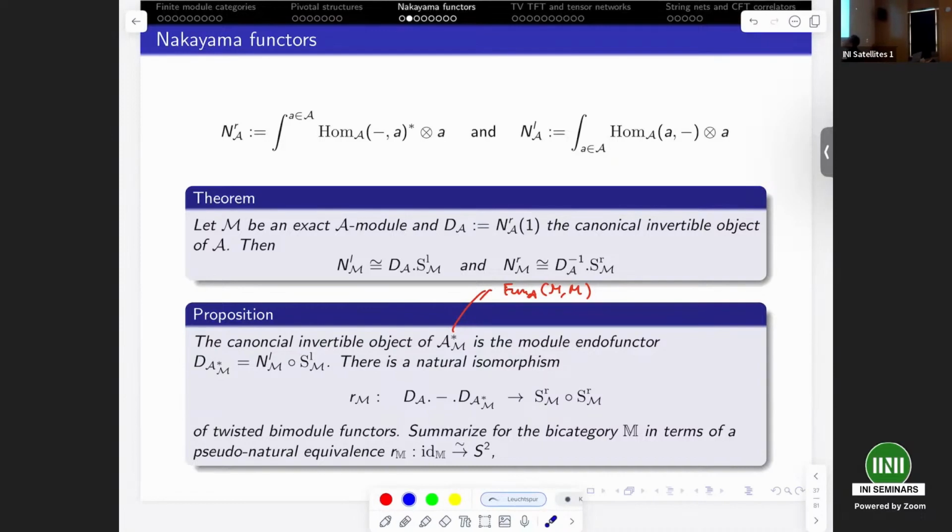you can also prove that there is a distinguished natural isomorphism which relates acting here to the Serre functor. Now remember, the Serre functor was a double dual. Taking twice the double dual is taking a fourfold dual, and a fourfold dual corresponds to taking the fourth power of the antipode.